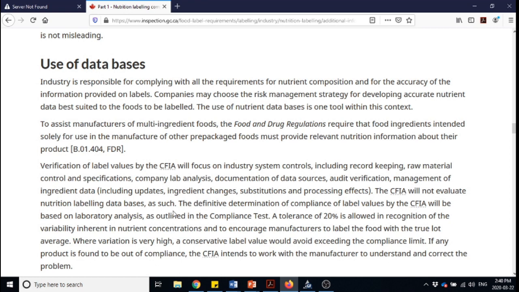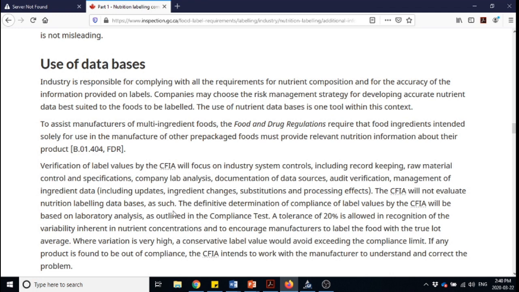But if you think about those error tolerances, if you're not making a front of label claim and you don't have mandatory added vitamin or mineral fortification, then the ESHA databases are quite helpful and quite cost effective.